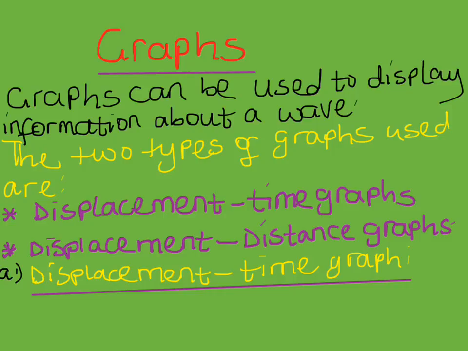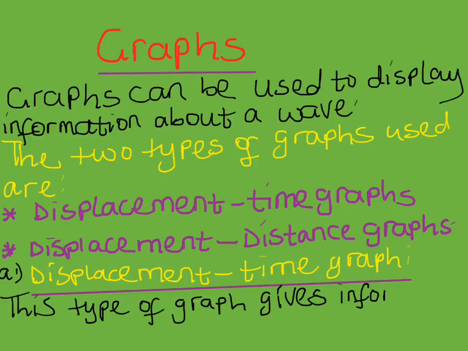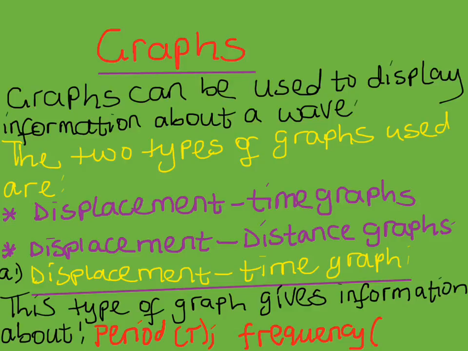And this displacement time graph gives information about the period of a wave, the frequency of a wave, the amplitude of a wave, and the speed of a wave, as can be seen on the figure below.